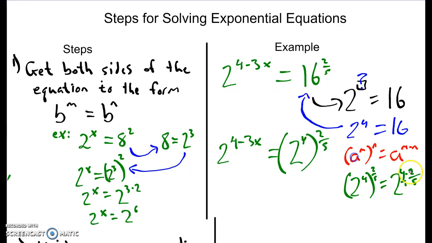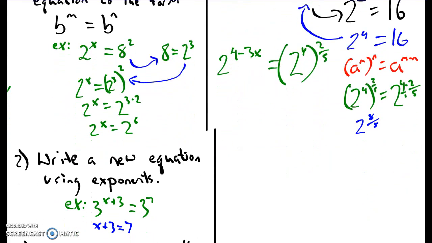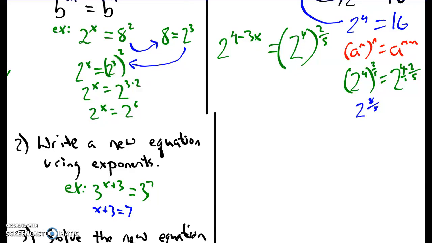And again, multiplying fractions, you're multiplying straight across. That gets you 2 to the 8/5. We're just going to sub that straight in there, and we can now rewrite our equation as 2 to the 4 minus 3x equals 2 to the 8/5.